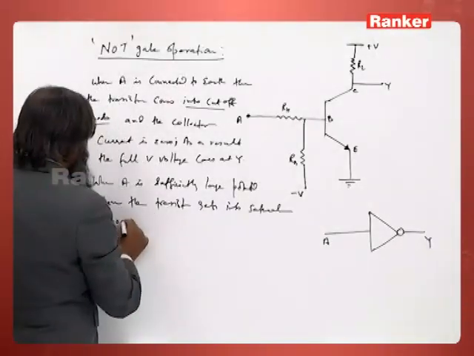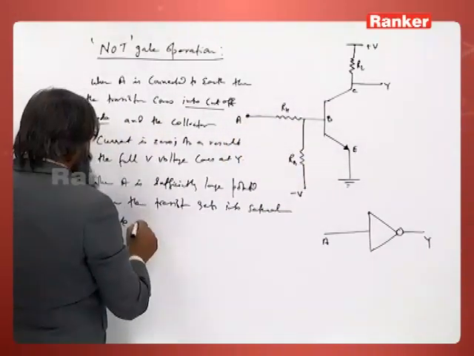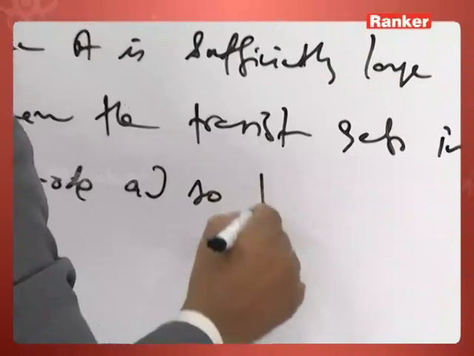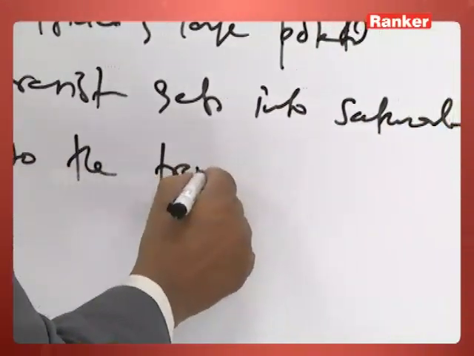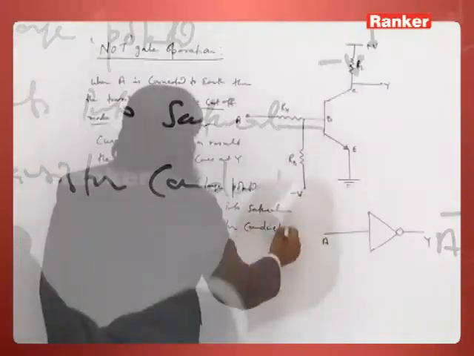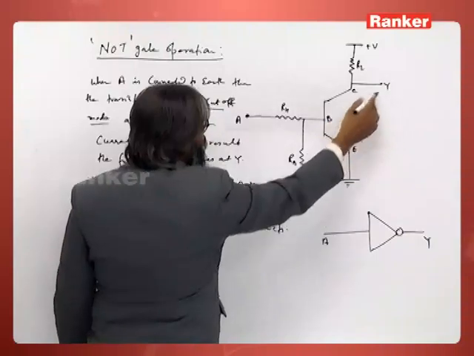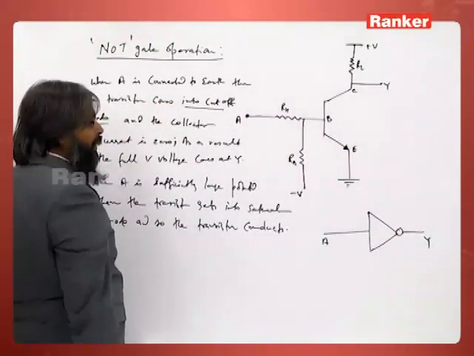So when we apply V volt here, it gets saturated, and so the transistor conducts. When the transistor conducts, potential drop here takes place, and so Y is 0.